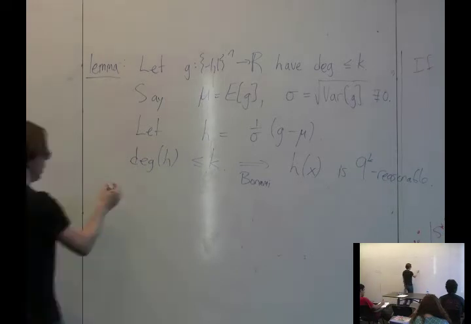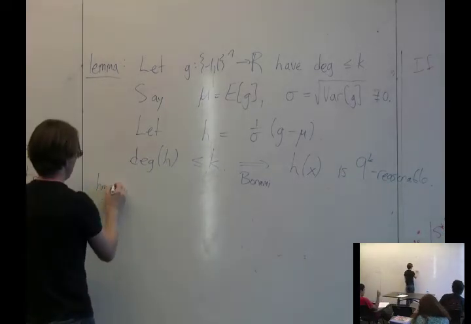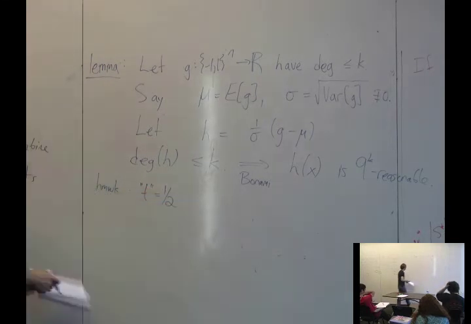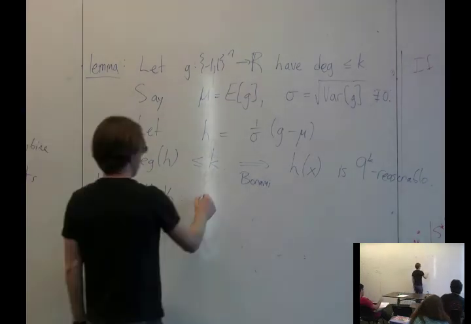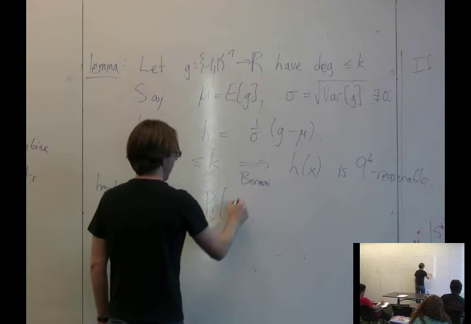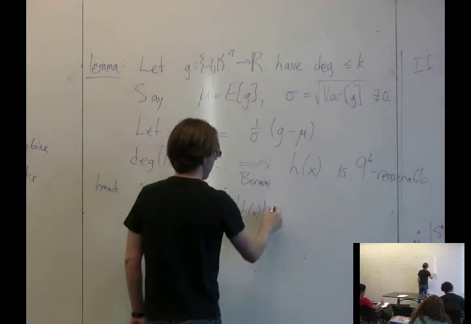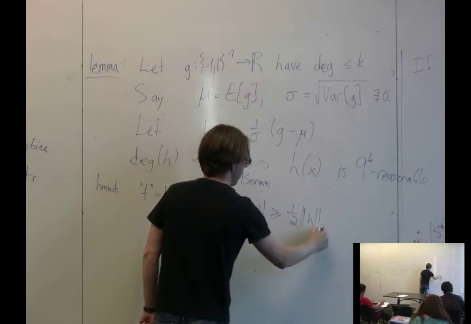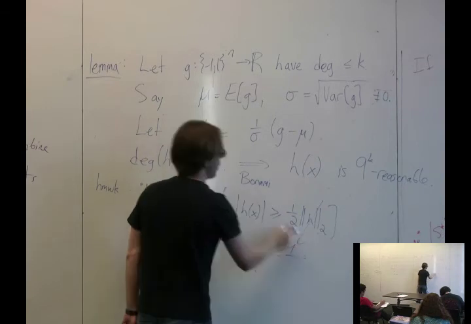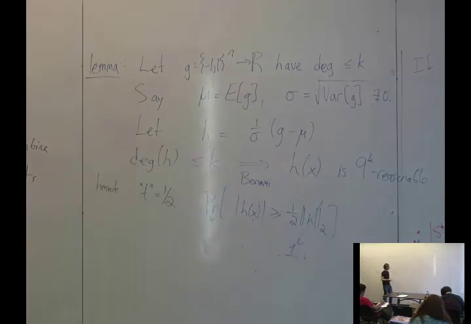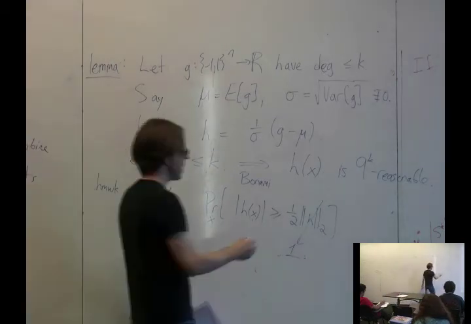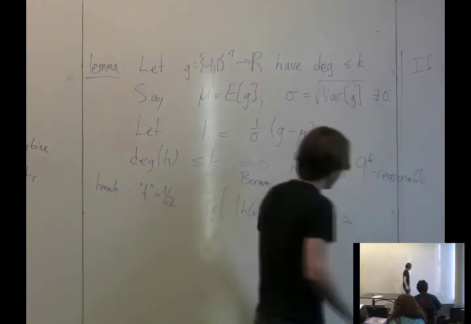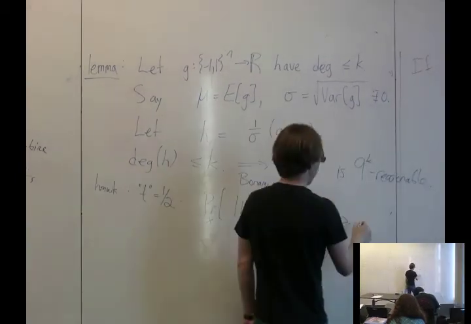If you remember it very well, which I hope you do, by the homework, taking this parameter t to be a half, we get that the probability over random x that h of x is at least t, or in this case, a half, times the 2 norm of h, which is 1, because we normalized it to have mean 0 and variance 1, was at least 1 minus t squared, squared, times 9 to the minus k.